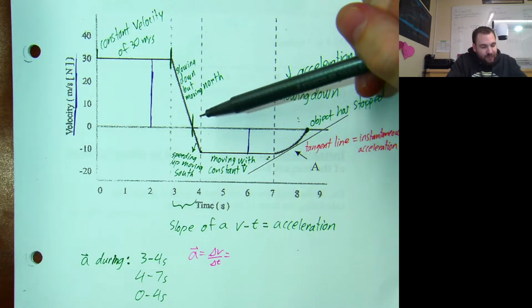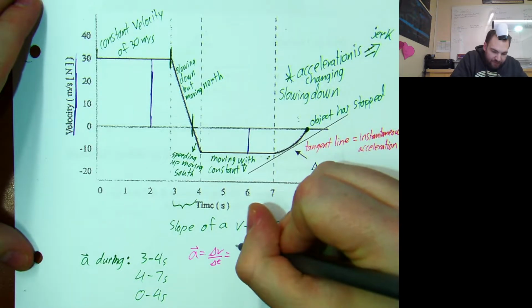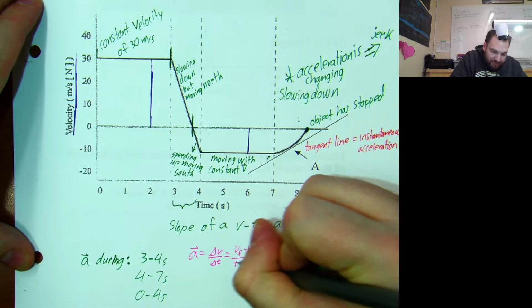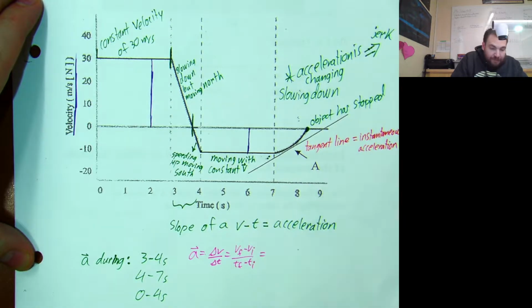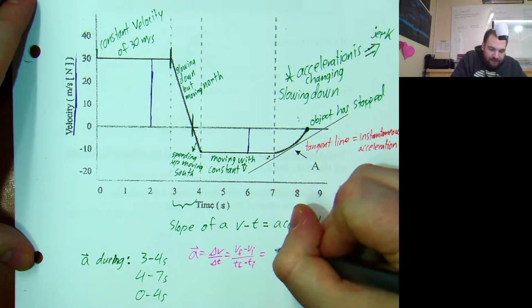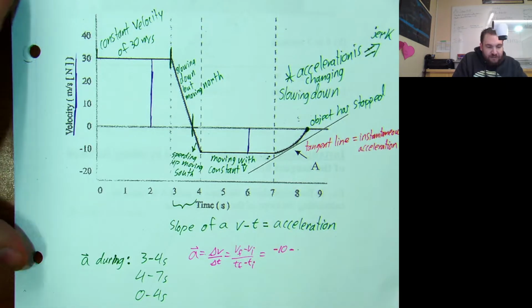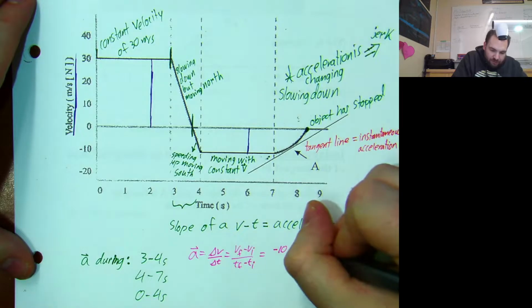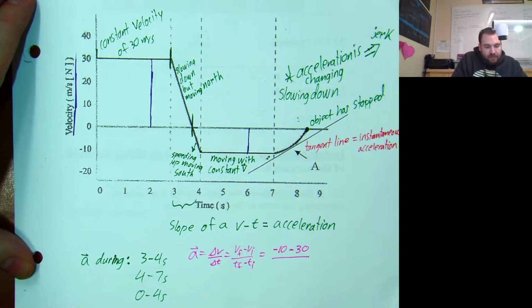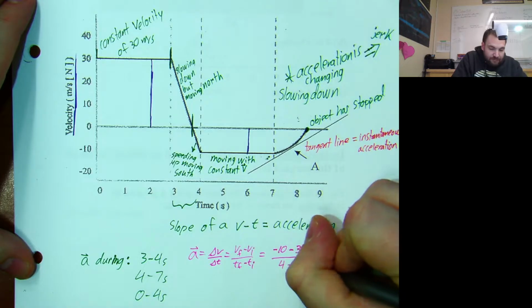So from 3 to 4 seconds, what's my final velocity? Let's go v final minus v initial over t final minus t initial. Let's actually write that in there. V final is negative 10 minus our v initial. What's our initial v? 30. Our final time is 4, and my initial time is 3 seconds.